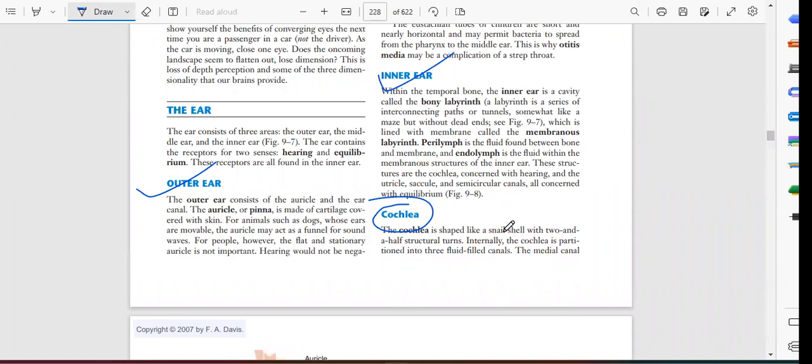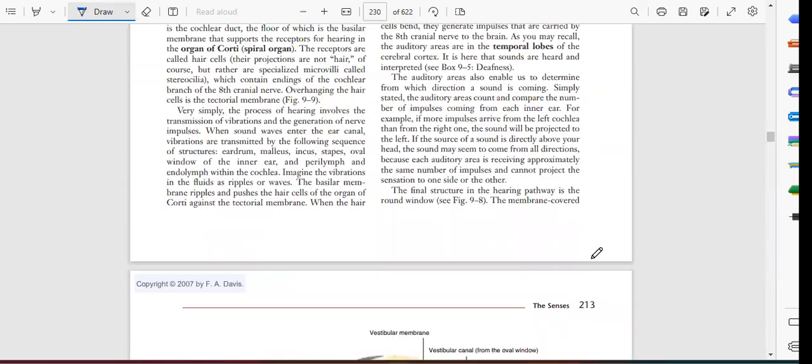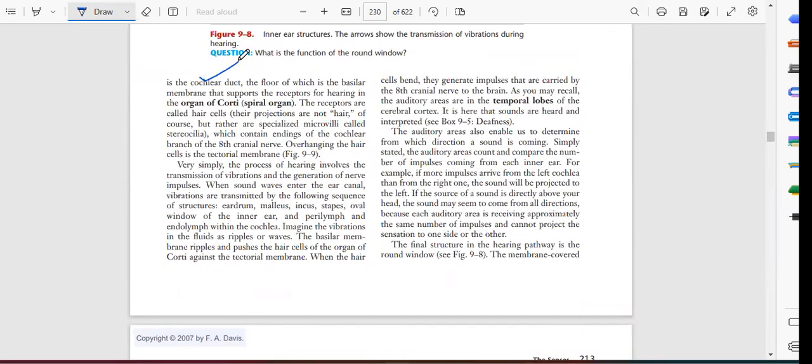The cochlea is shaped like a snail shell with 2.5 structural turns. Internally, the cochlea is partitioned into three fluid-filled canals. The medial canal is the cochlear duct, the floor of which is the basilar membrane that supports the receptors for hearing in the organ of Corti, the spiral organ.